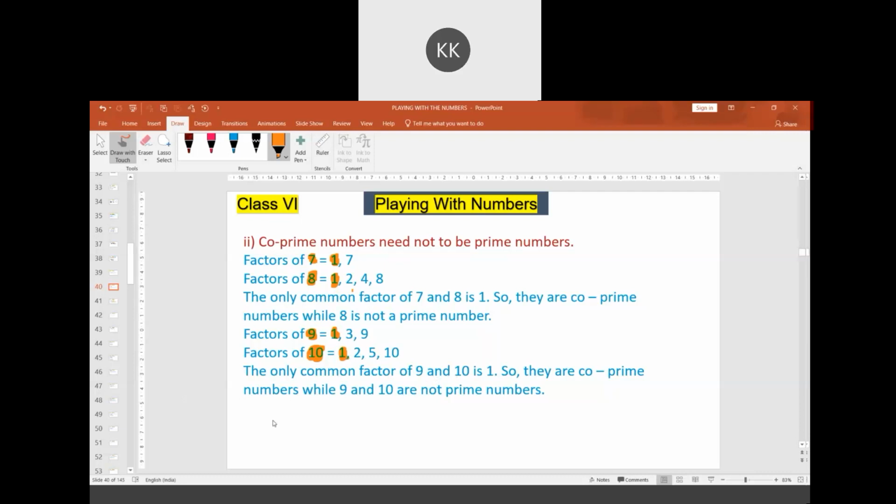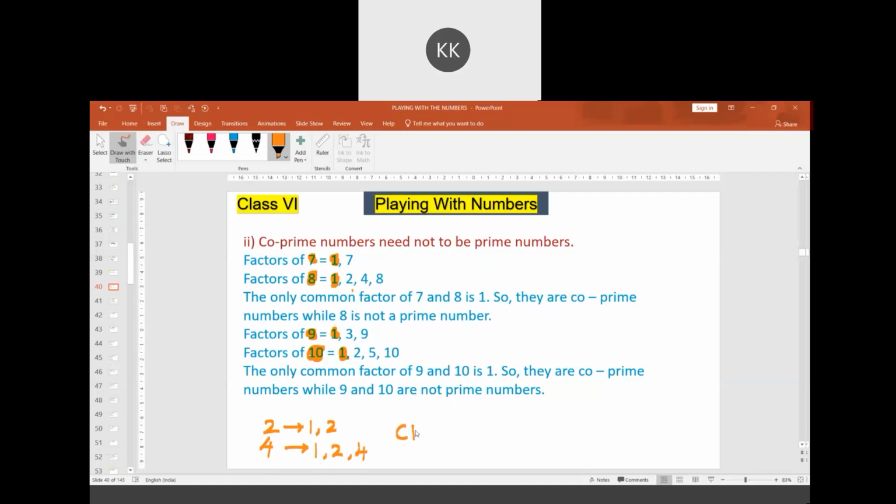Here one of your friends is asking, are 2 and 4 co-prime? 2 and 4 cannot be co-prime. If you take 2 and 4, the factors of 2 are 1 and 2, and the factors of 4 are 1, 2 and 4.